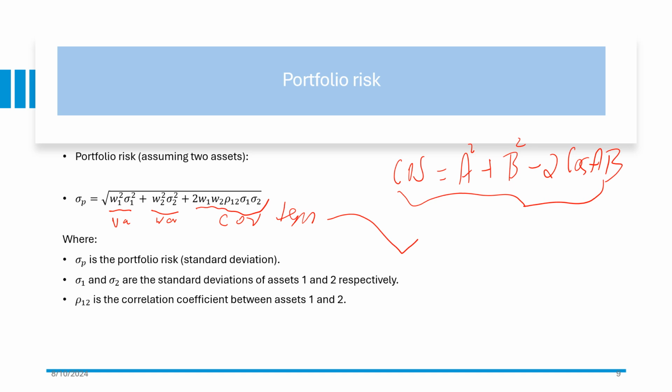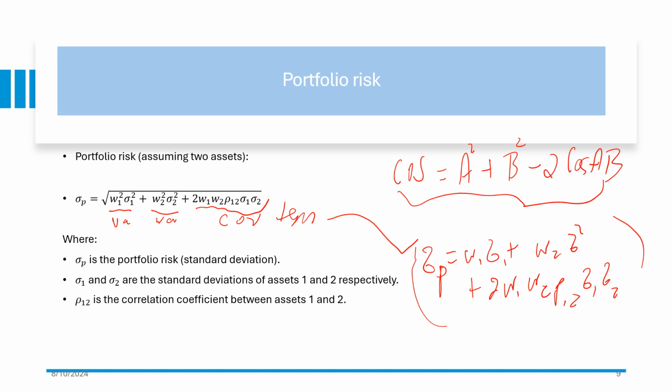Alternatively, this formula could just be sigma P equals W1 sigma 1 plus W2 sigma 2 plus W1 W2 rho 1 2 sigma 1 sigma 2. But there's one problem with this calculation.